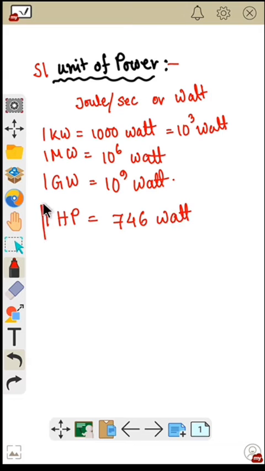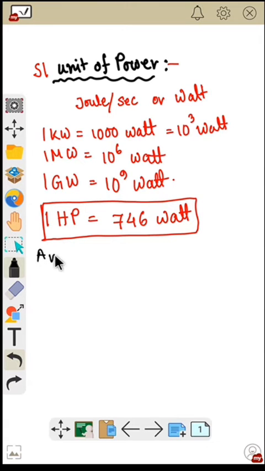Another type of unit is called horsepower, 1 HP. 1 horsepower means 746 watt. Sometimes power can be represented in the horsepower unit. So 1 horsepower means 746 watt. This you have to remember. Now sometimes we are calculating average power.